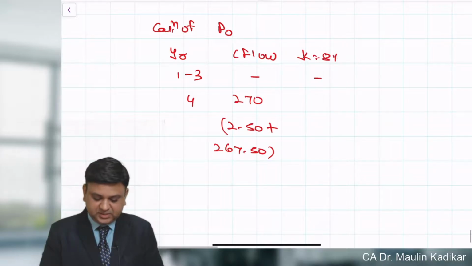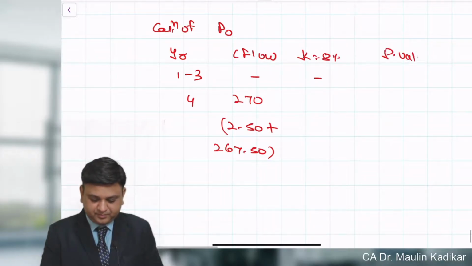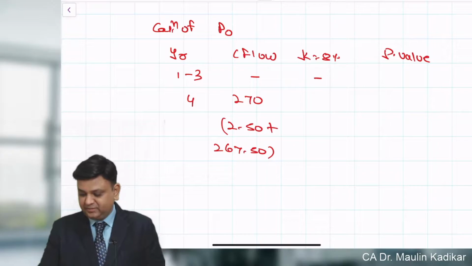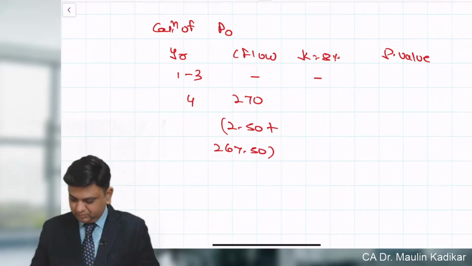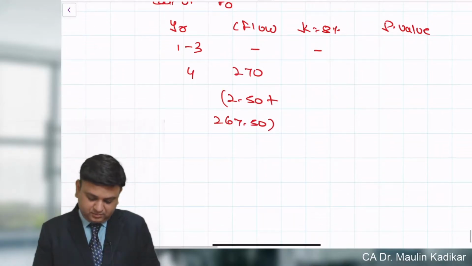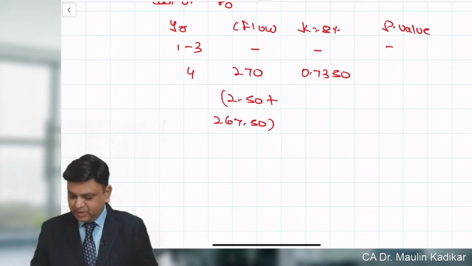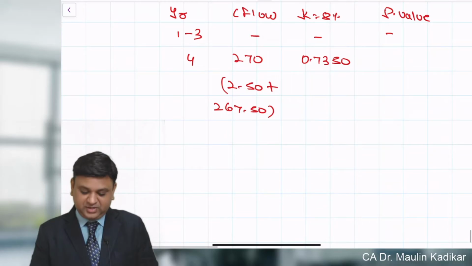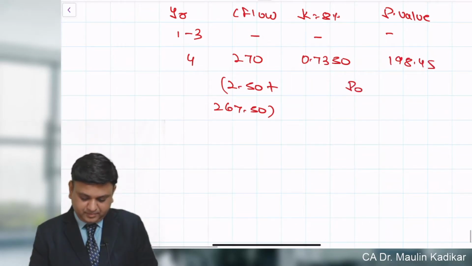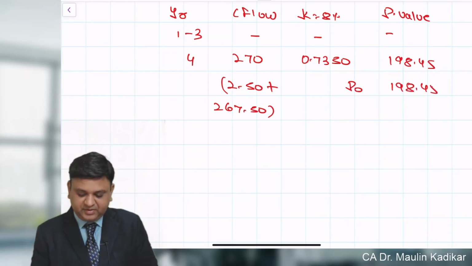Discounting at the rate of 8% to present value: 1 divided by 1.08 to the power 4 is 0.7350. So 0.7350 into 270 is 198.45. That is the way we can find the P0.